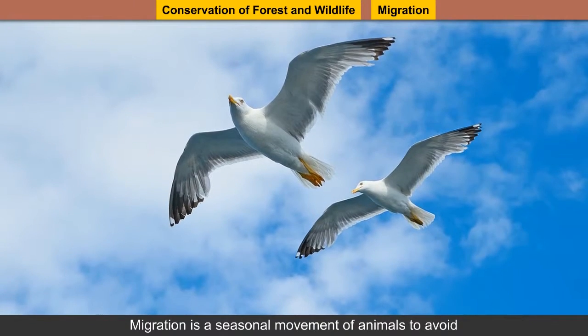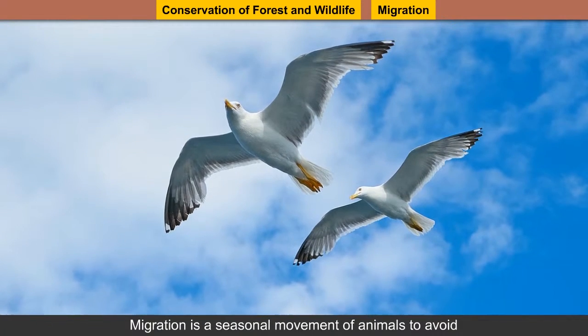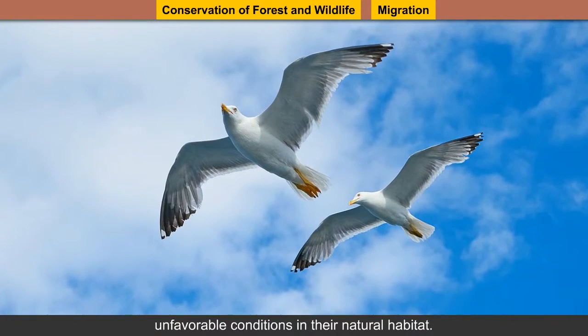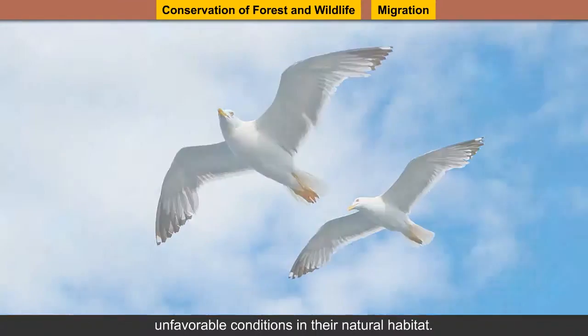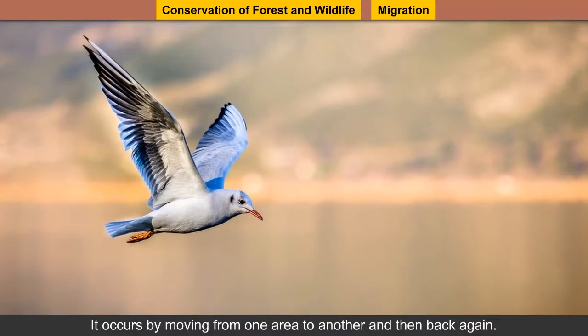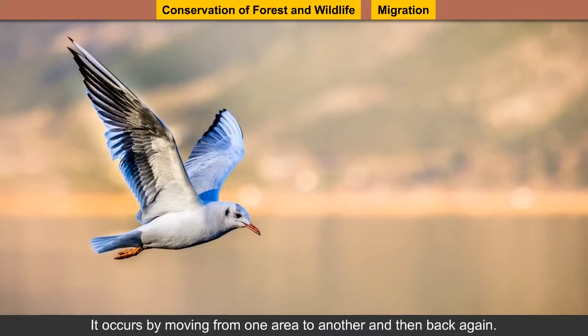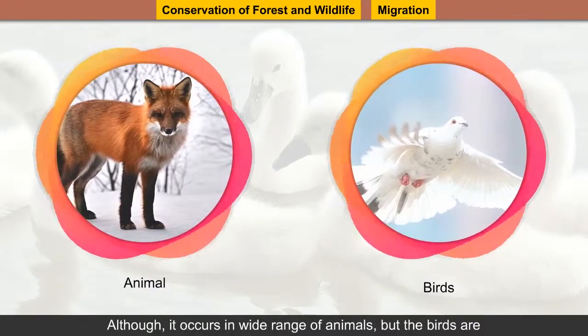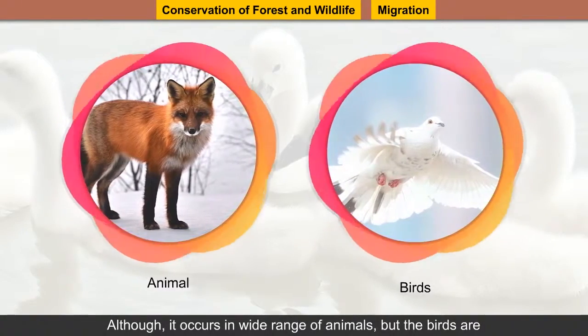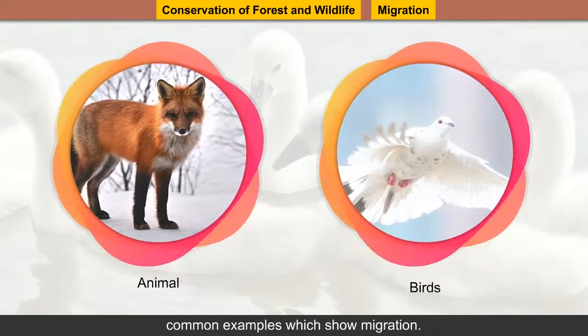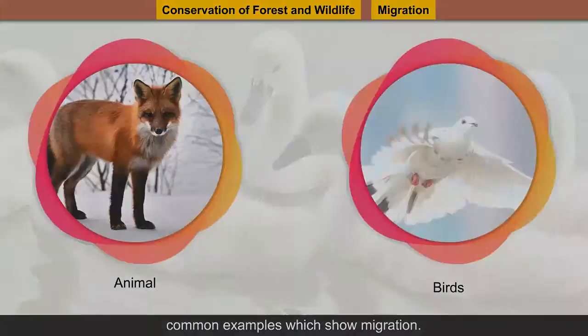Migration. Migration is a seasonal movement of animals to avoid unfavorable conditions in their natural habitat. It occurs by moving from one area to another and then back again. Although it occurs in a wide range of animals, the birds are common examples which show migration.